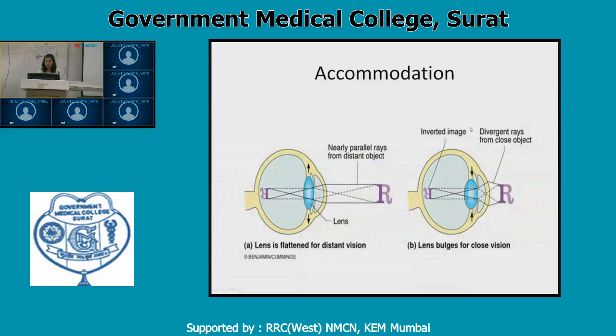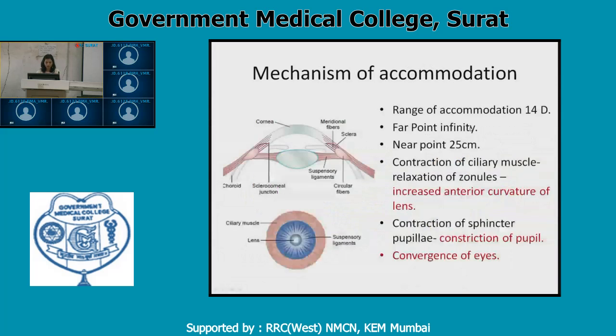Now we'll see the mechanism of accommodation. One, as I have already told you, there is an increase in the anterior curvature of the lens. These are the ciliary muscles, and these are the suspensory ligaments. The below figure is the cross section.